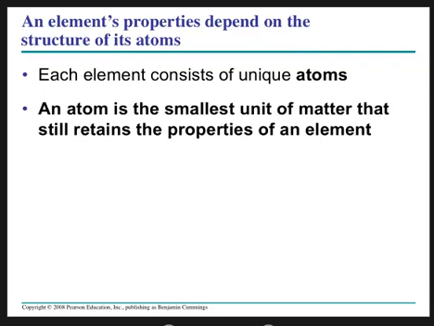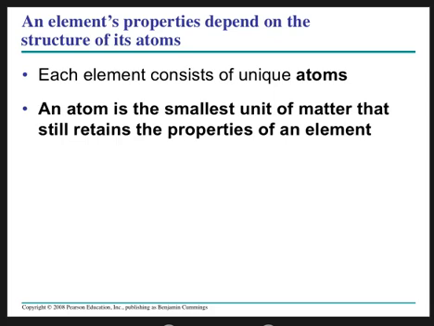Okay, so each element, I've got a carbon, I've got a hydrogen, I've got an oxygen. They are made up of atoms. Each element is a unique atom. Sometimes those words get interchanged, and I think I do it as well. So elements consist of unique atoms.